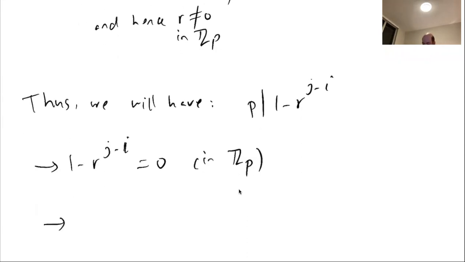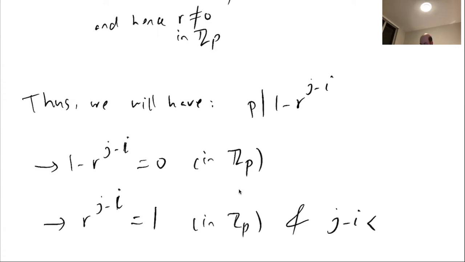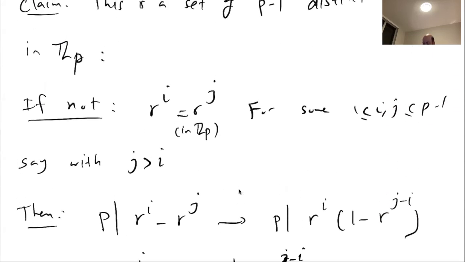And that means r to power j minus i equals 1 in Z_p, and j minus i is less than p minus 1, right? See, what are i and j? i and j are two numbers between 1 and p minus 1. If I subtract two numbers between 1 and p minus 1, of course, the result will be strictly less than p minus 1.